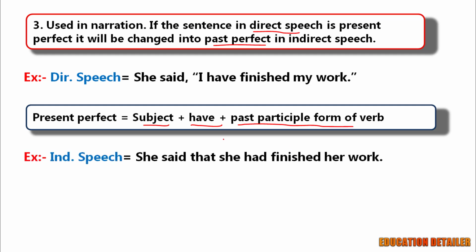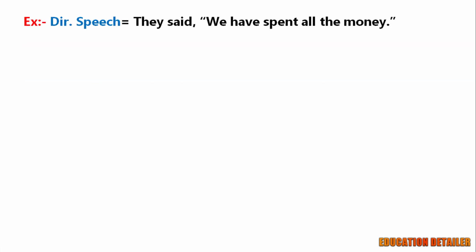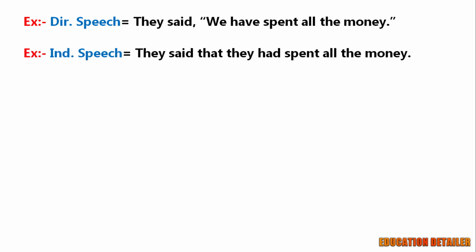She said that she had finished her work. Past perfect: subject plus had plus past participle form. One more example. They said, "We have spent all the money." They said that they had spent all the money.